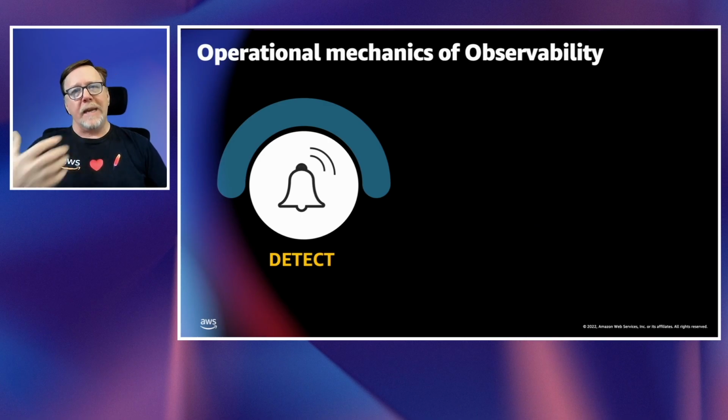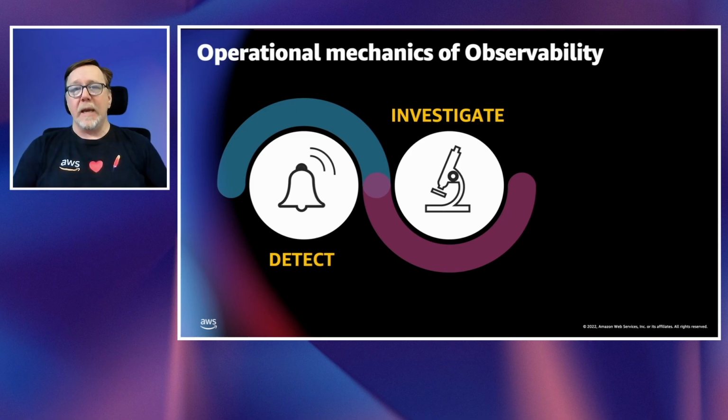So on the mechanics with observability, it enables you, again, to detect when either issues are happening or issues are about to happen so that you can investigate.